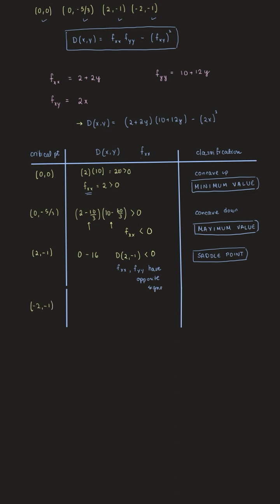If I put negative 2, negative 1 into the discriminant, I also get a 0 minus 16, which is less than 0, which also means we have a saddle point here, because the second order partials with respect to x and y have opposite signs, which means in one direction the graph will be concave up, in another direction the graph will be concave down. So there is our classification of critical points using the discriminant from the second derivative test.